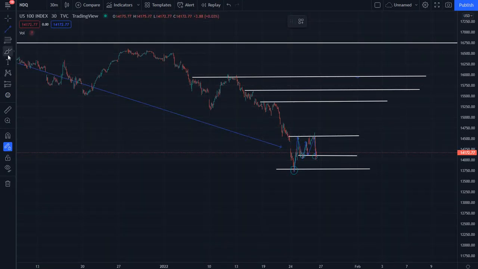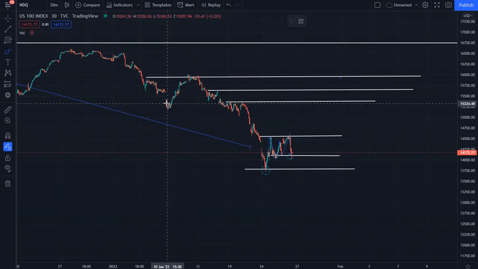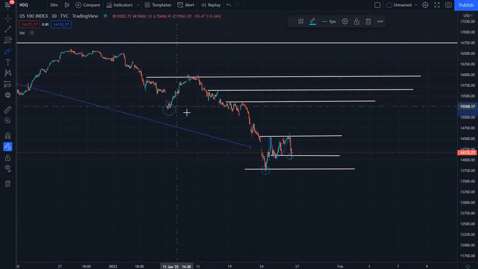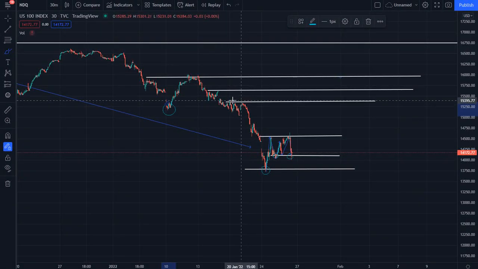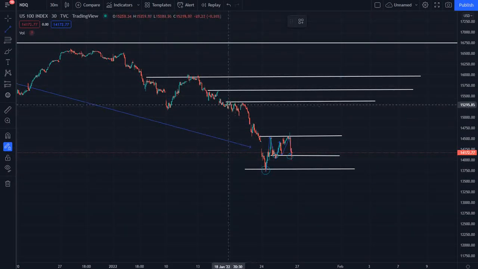Now, as you can see, this here was a support level, it bounced off here, and this part here. This line is going to be a little bit harder for it to break through, because remember, this here was once a support level, and now it has turned into resistance.